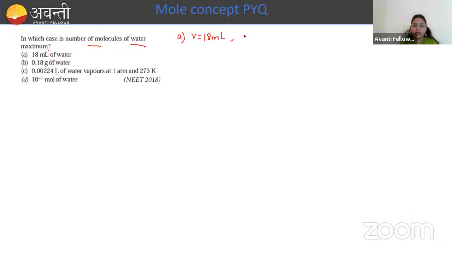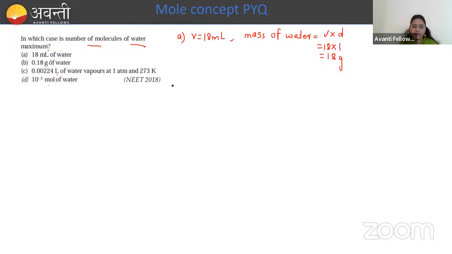From this, I can calculate the mass of water. You know density: density is equal to mass upon volume. So mass equals volume into density, and the density of water is 1. So the mass of water here is 18 gram.